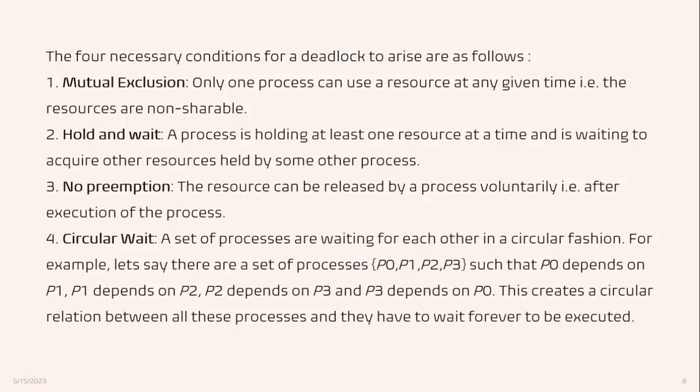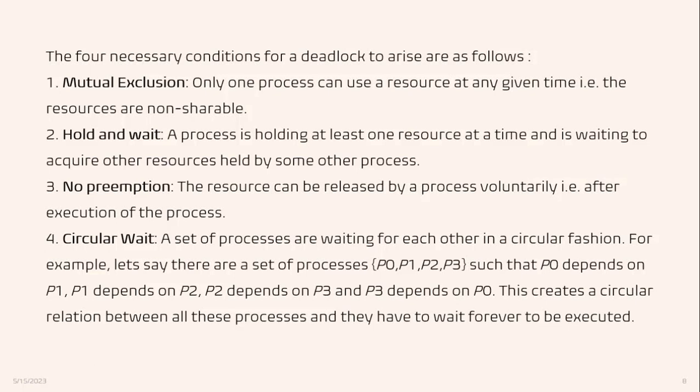The fourth condition is the circular wait. Circular wait is when a set of processes are waiting for each other in a circular fashion. For example, let's say we have a set of processes P0, P1, P2 and P3 such that P0 is depending on P1, P1 is depending on P2, P2 depends on P3 and P3 depends on P0.